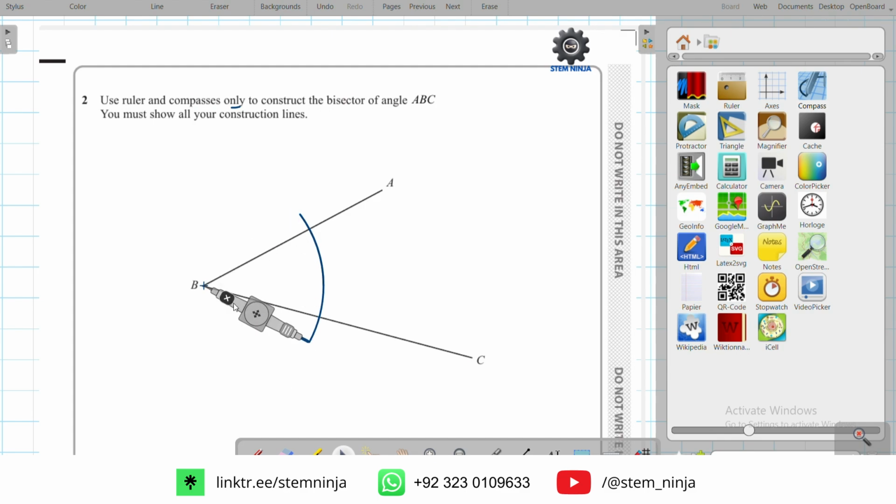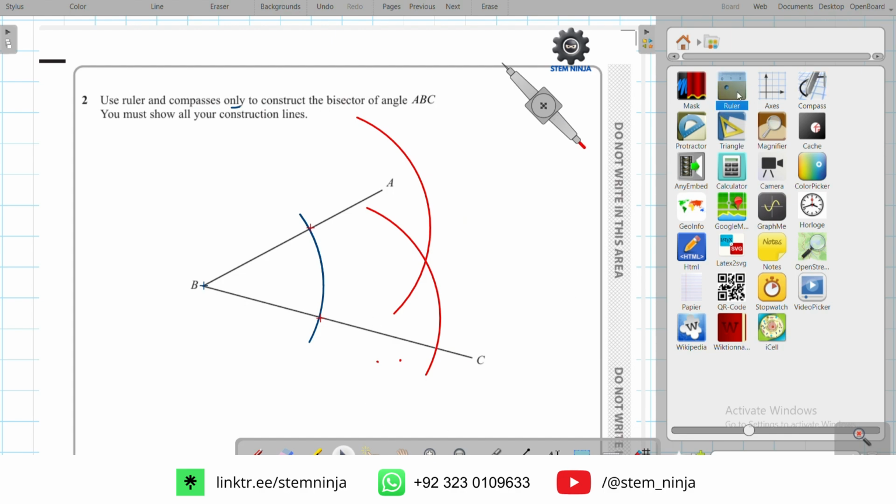Then let's change the color to, for example, red, and create another arc over here. Then with the same length, come over here and make this one. All we have to do is join these two lines.